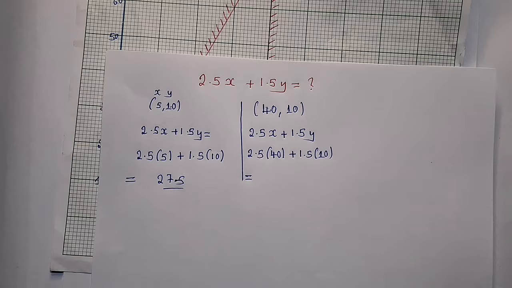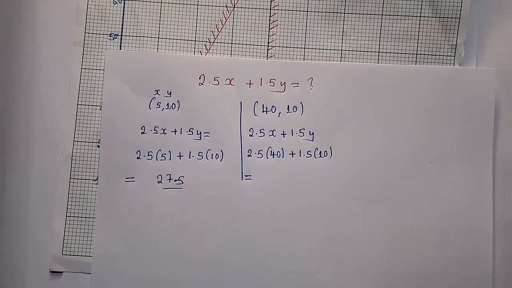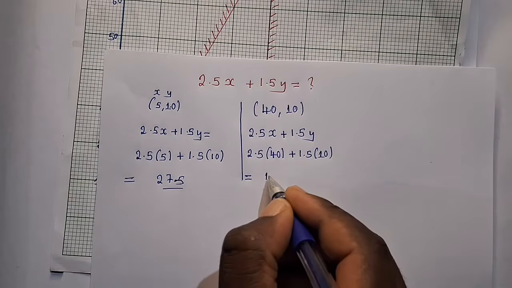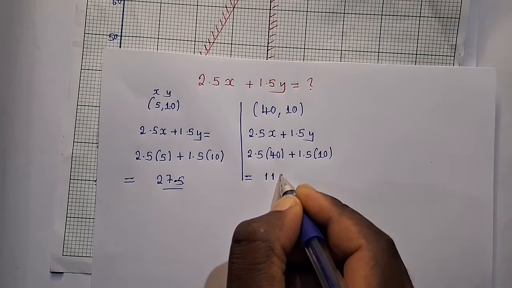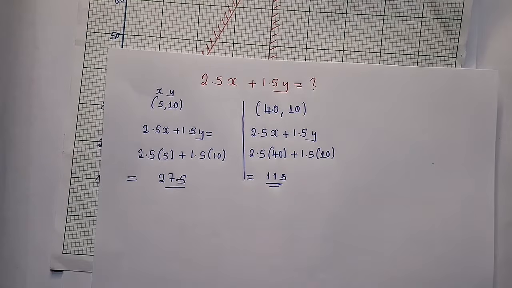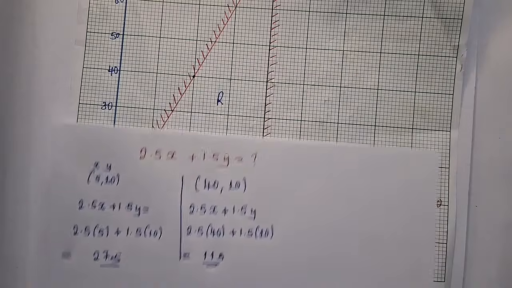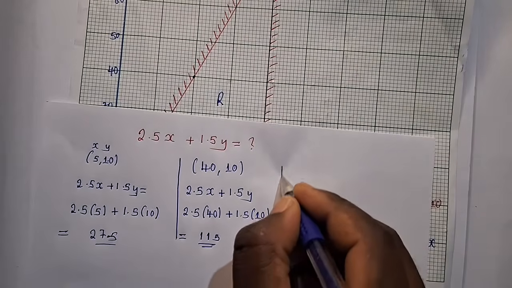You can use your calculator, it's okay. You punch everything that needs to be punched. So 2.5(40) plus 1.5(10) is giving us 115. Okay? We go to the next one.